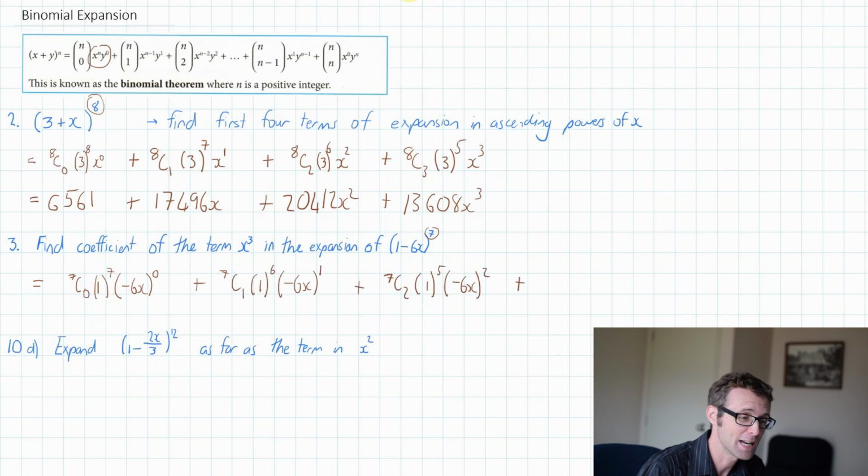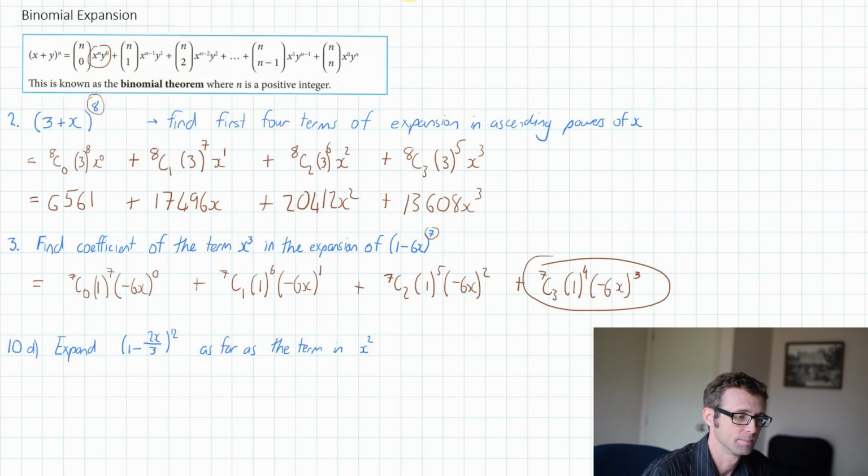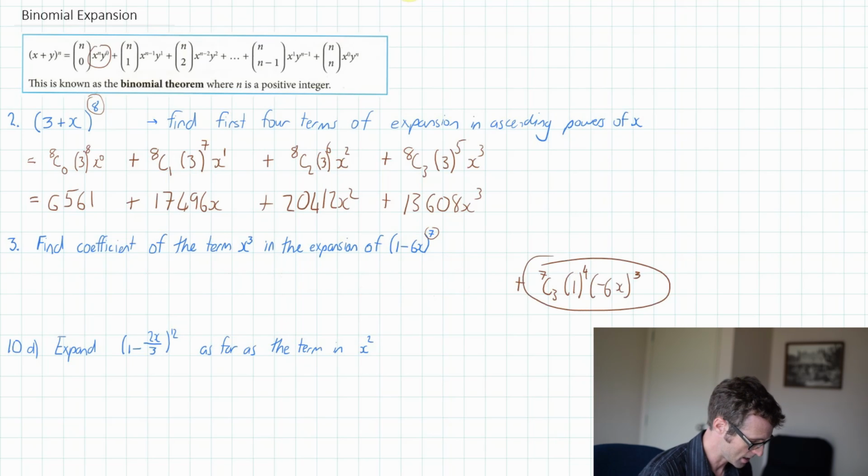And the next term is going to be the one we want: 7 choose 3, 1 to the power of 4 and minus 6x to the power of 3. So this is all we need. We'll clear a bit of space here. On your calculator, you're going to type 7 choose 3. Now 7 choose 3 is 35.